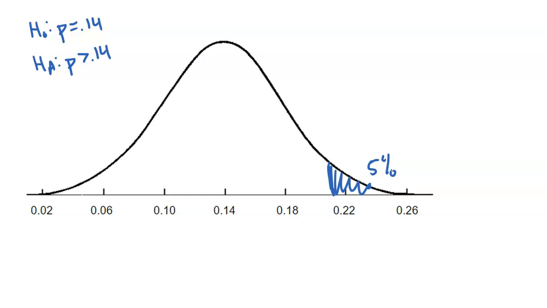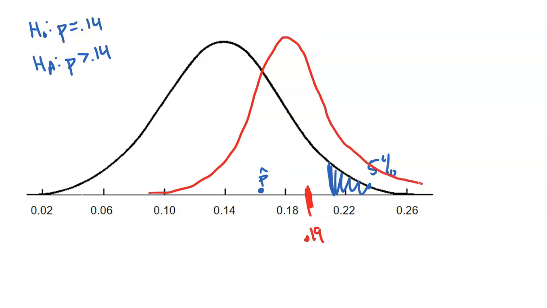So the idea is that if we fail to reject the null, maybe our sample comes over here and we're like, that sample has a high p-value, we're going to fail to reject the null. There is a chance that we were wrong because maybe, just maybe, the truth was, let's just say the truth was 19%, right? The real, correct sampling distribution is centered around that 19%.